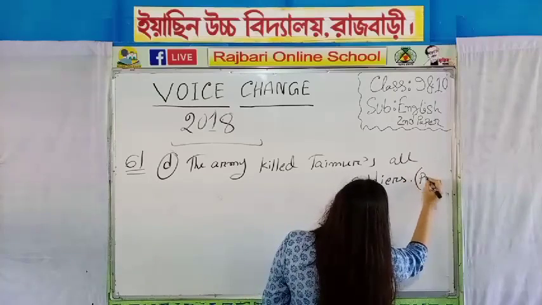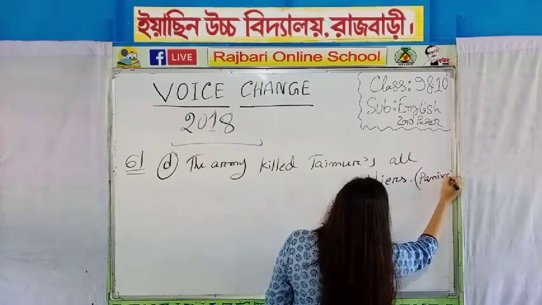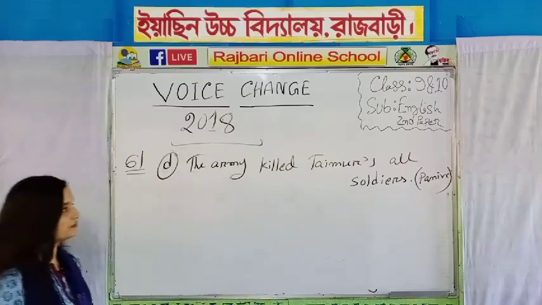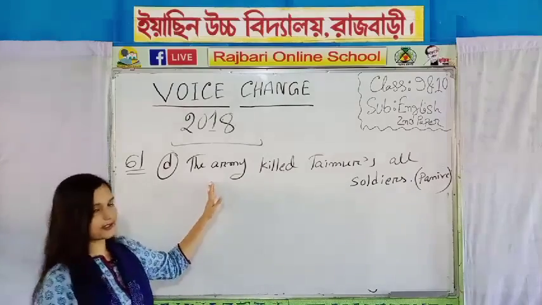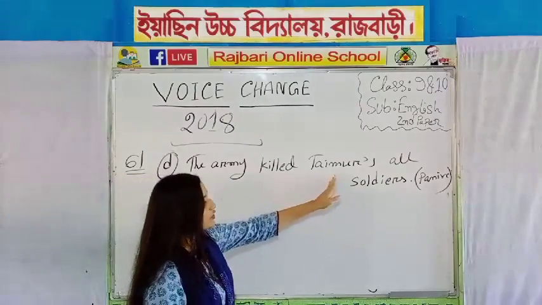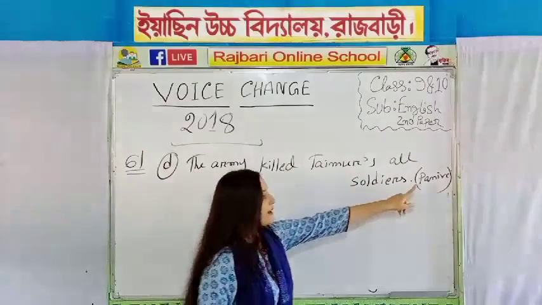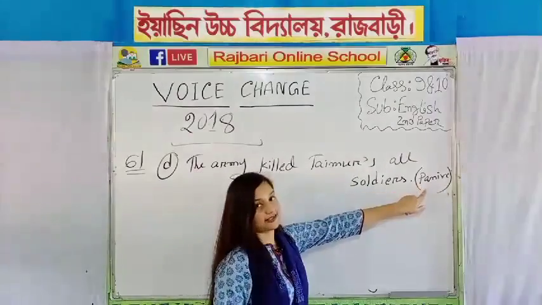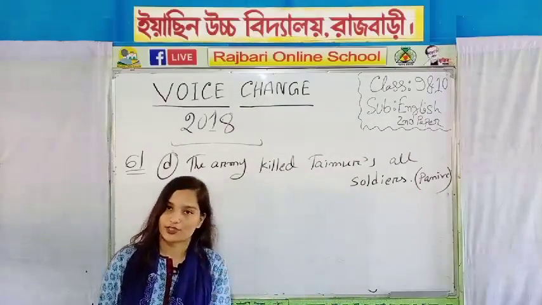You have to make it passive voice. So the sentence is the army killed Toimur's all soldiers, and in bracket it's in passive. That means you have to do it in passive voice.